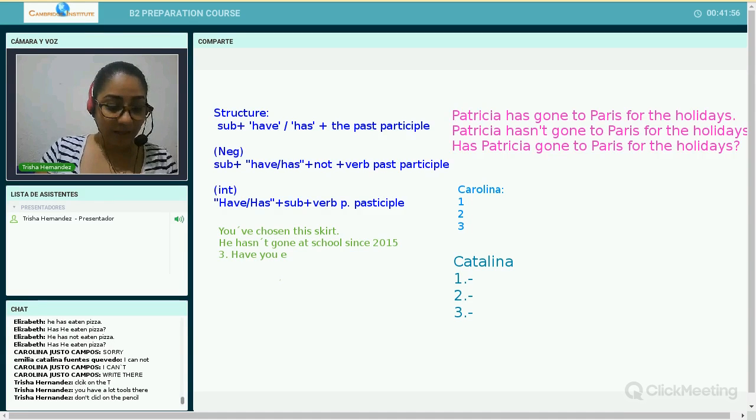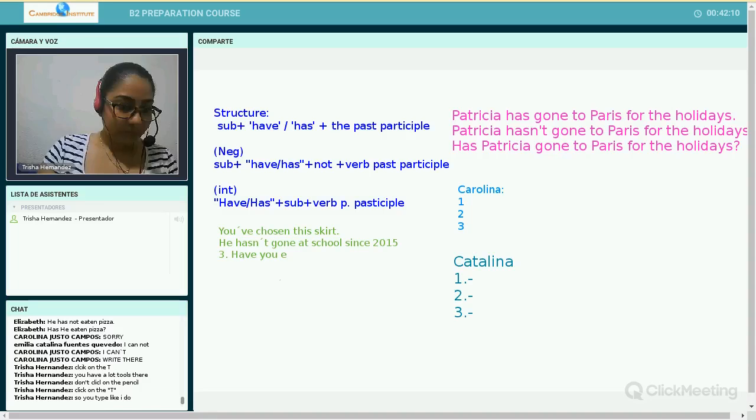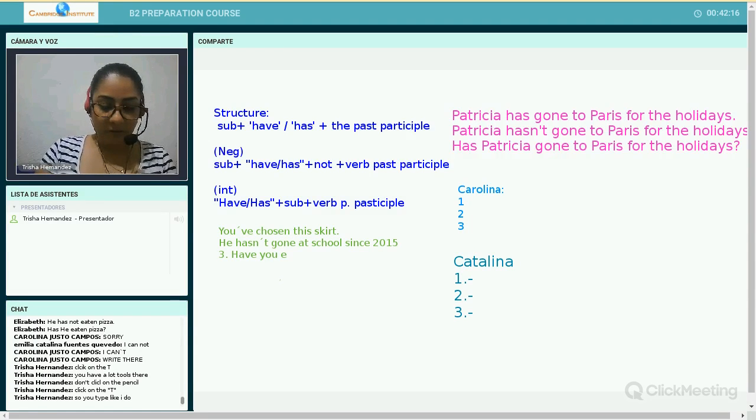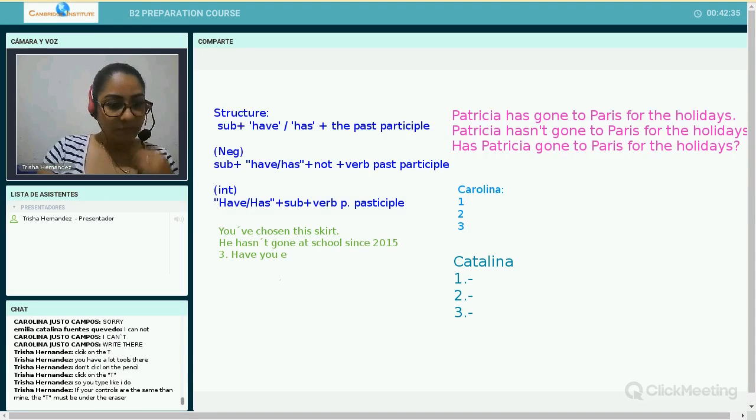Click on the T so you can write. If your controls are the same as mine, the T must be under the eraser. Okay?